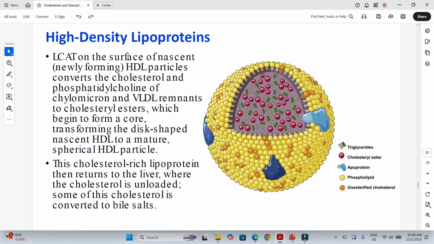The good cholesterol is the HDL because it collects cholesterol from the peripheral tissue environment, specifically from the chylomicron and the VLDL remnants, back to the liver. So earlier I mentioned that LDL, HDL, chylomicrons, you can think of them as trucks that deliver cholesterol and triacylglycerol to different tissues.